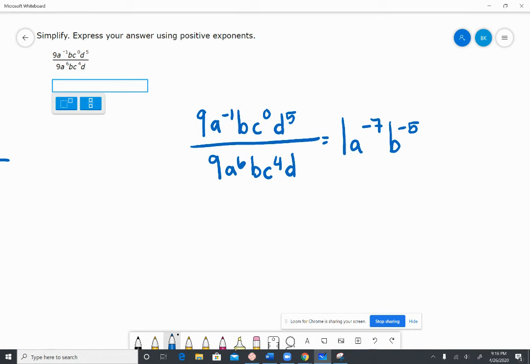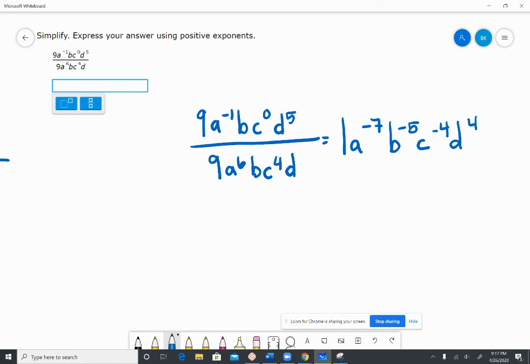Okay, then we have our C's. Okay, so we have 0 minus 4. 0 minus 4 is just going to be negative 4. D to the 5th power divided by D is just going to be D to the 5 minus 1, which is just 4.